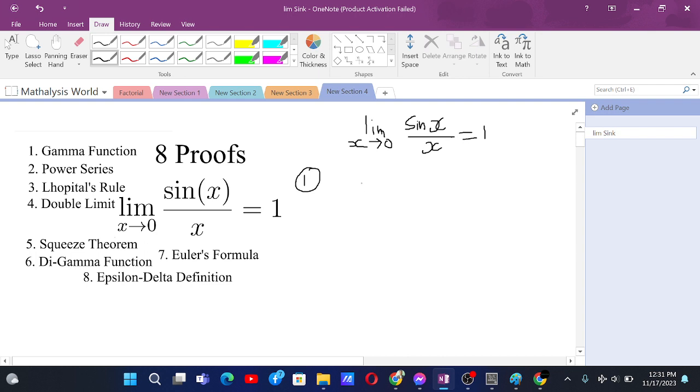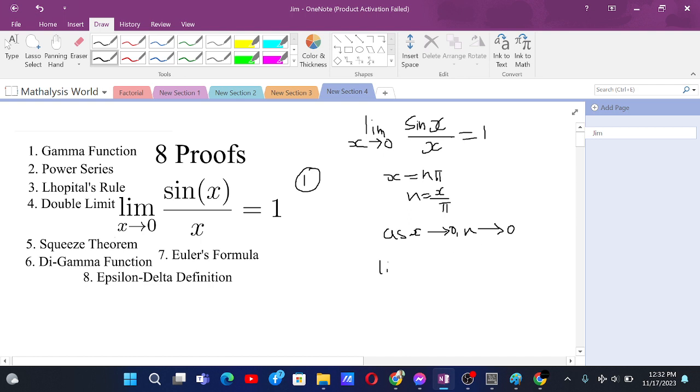Okay, so we have the limit. First we want to let x be n pi, and there are some reasons for it. So let x be n pi, so that n equals x by pi, and as x goes to 0, n goes to 0.